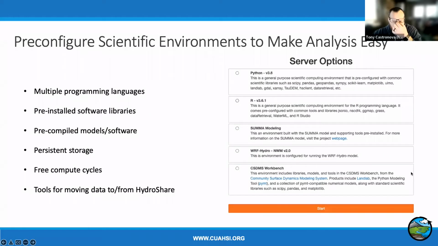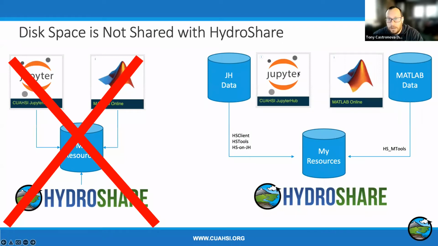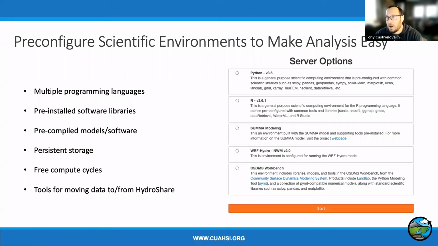Okay, so I'm going to talk real quickly just about this JupyterHub because I think that might be something useful for you guys. When you launch the CUAHSI JupyterHub through a HydroShare resource, doing the open with, or clicking that big button, or going directly to the URL, you're presented with this interface on the right, where you can select the type of computing configuration that you want.